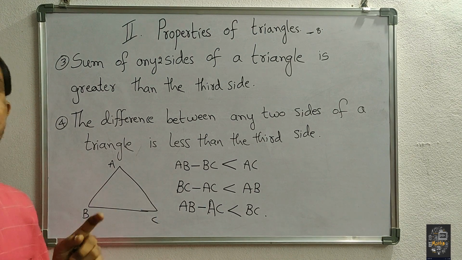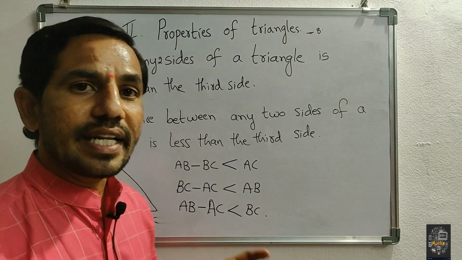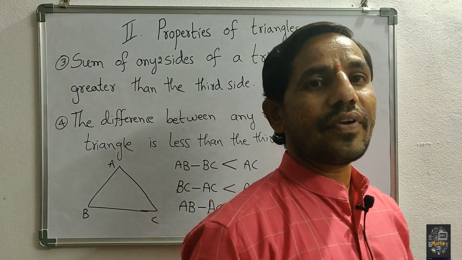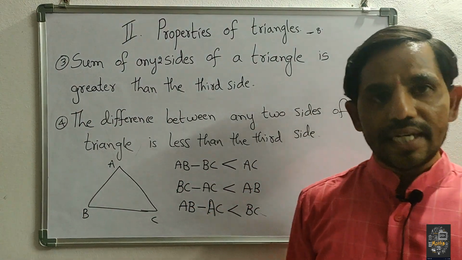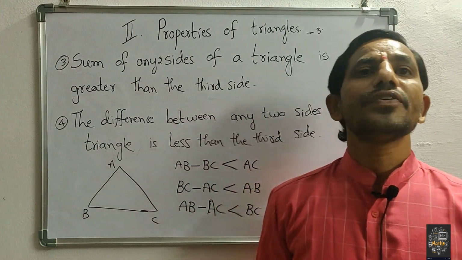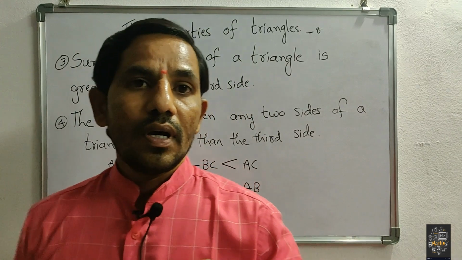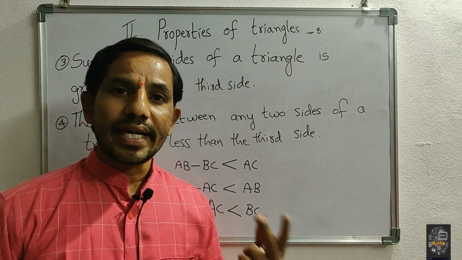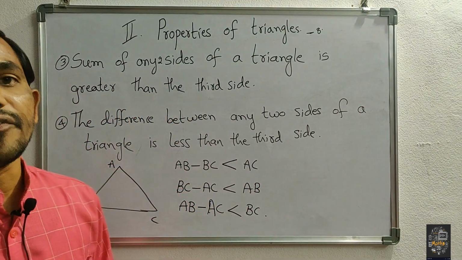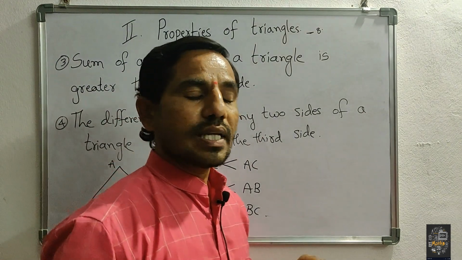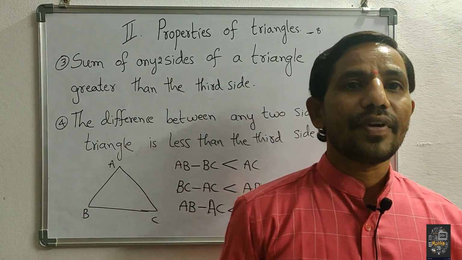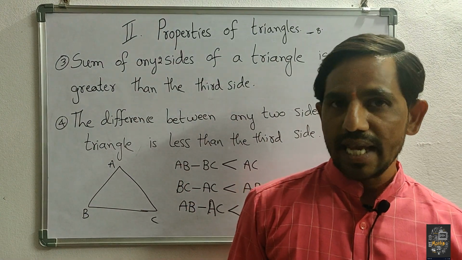First one: the sum of any three interior angles of a triangle is 180 degrees, or two right angles, or one straight angle.